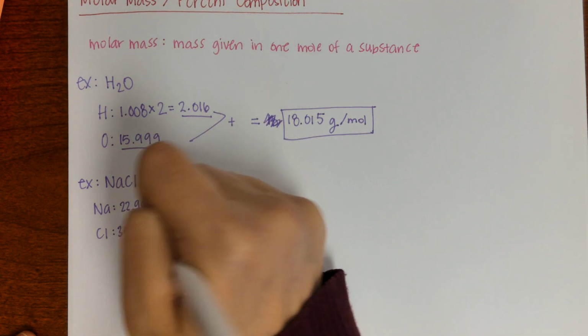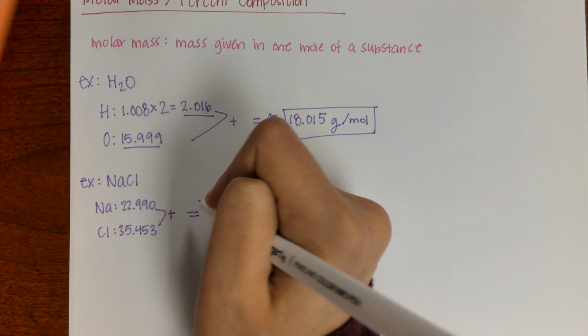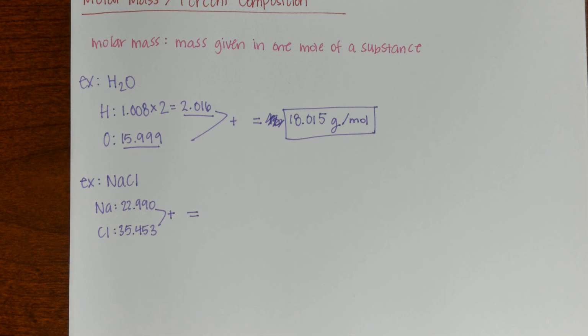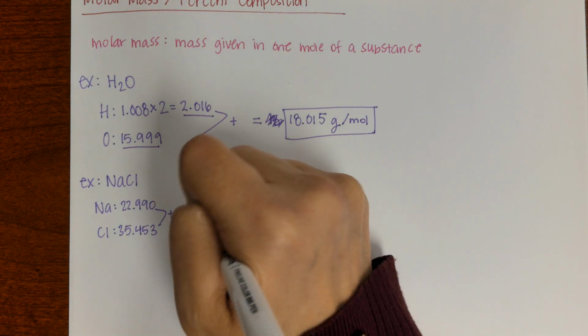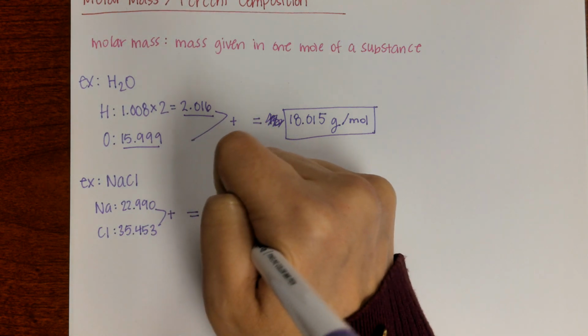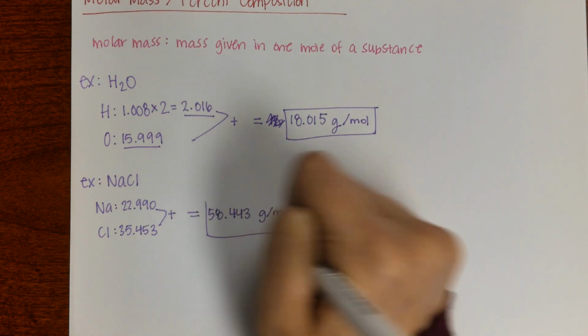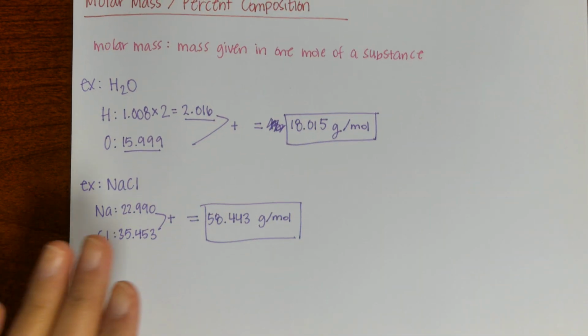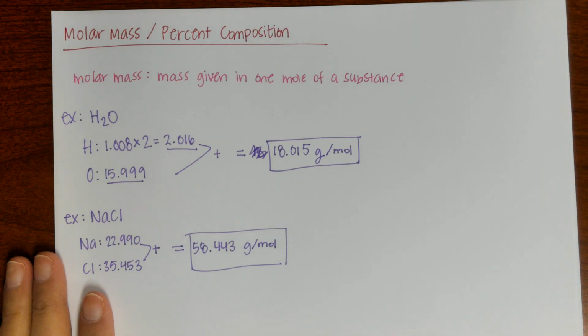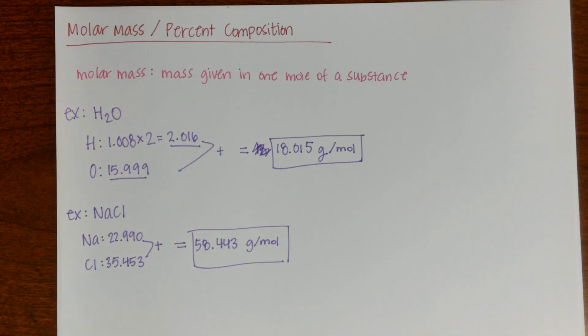Then you simply add those together, and you should get 58.443 grams per mole. It's as easy as that. And the reason why I'm teaching molar mass is because this is important to figure out percent composition.